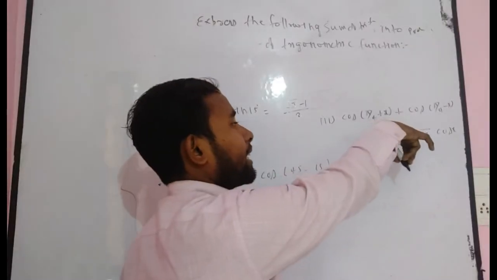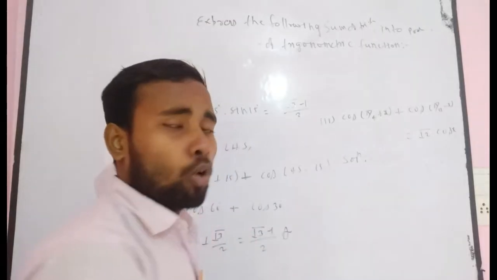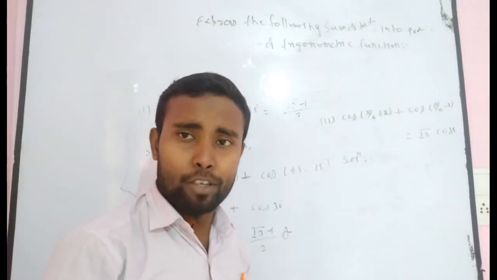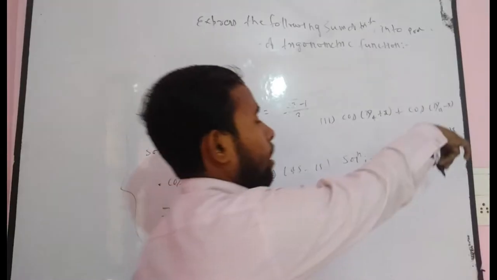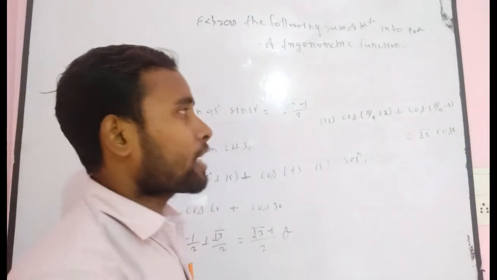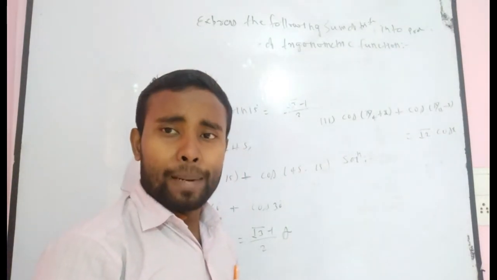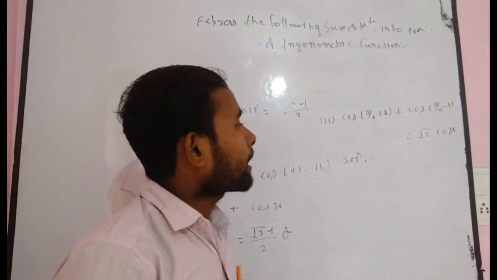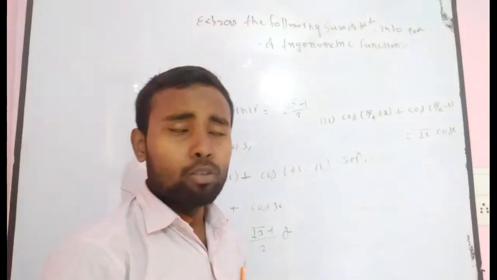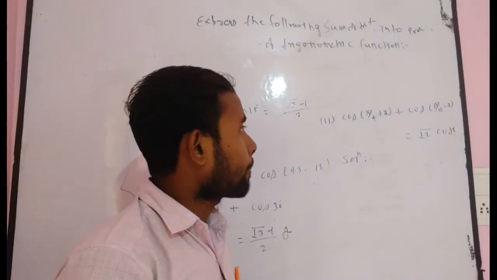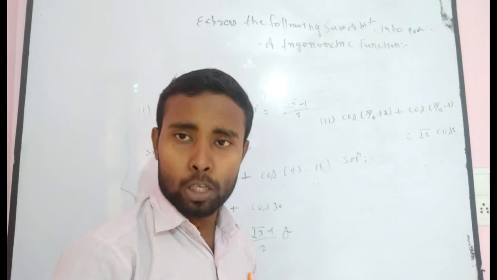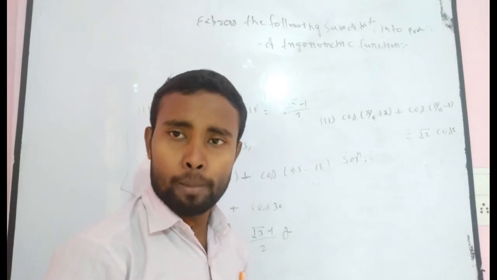You have to expand it. Cos(A plus B) is equal to cos A into cos B minus sin A into sin B, and the second term, cos(A minus B), can also be expressed as cos A into cos B plus sin A into sin B. After calculating, the sin A into sin B terms cancel, and finally you get cos pi by 4 into cos x plus cos pi by 4 into cos x, that will be root 2 times cos x.